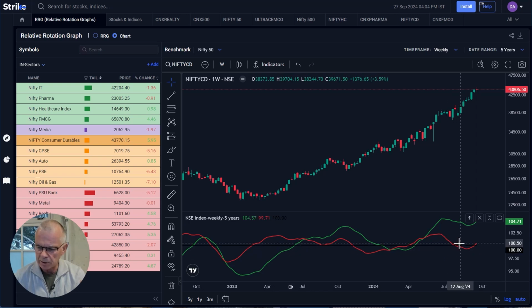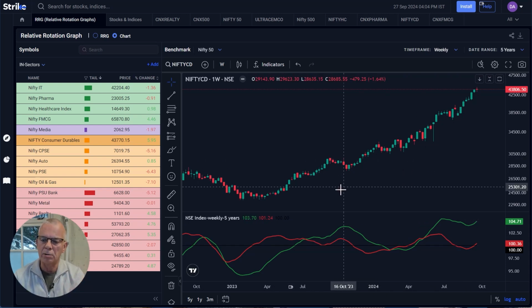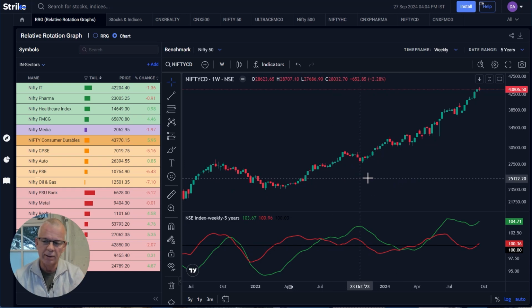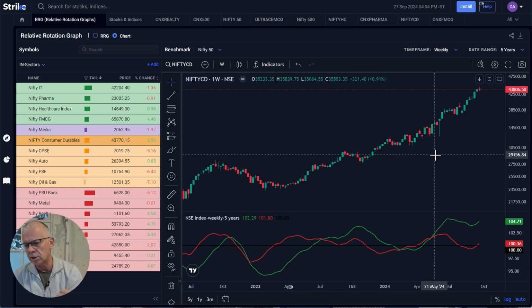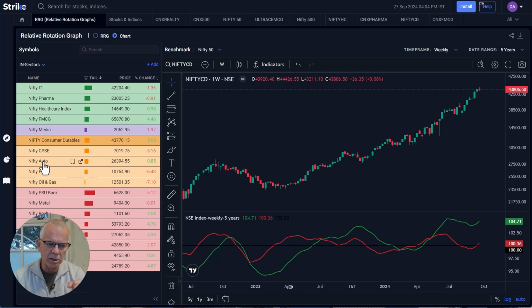You can see how it's almost crossing that 100 level, pushing consumer durables back into the leading quadrant. And obviously from a price perspective, this is a very nice chart, which continues to push higher, making higher highs and higher lows.